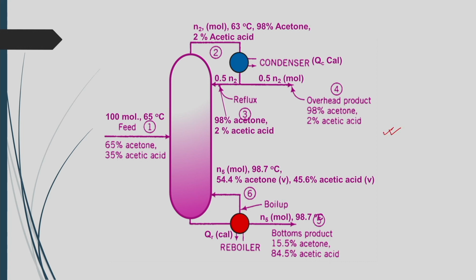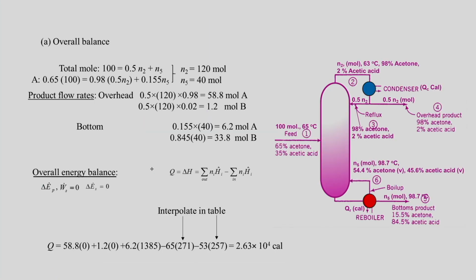So, please go through this: what the fraction of the components is coming out from the top of the distillation column as overhead, and what the fractions of the components are that go into the distillation column and come out as bottom products. What will be QR, that is, the heat required for the reboiler, and also what is the temperature. All these are mentioned here in this distillation column.